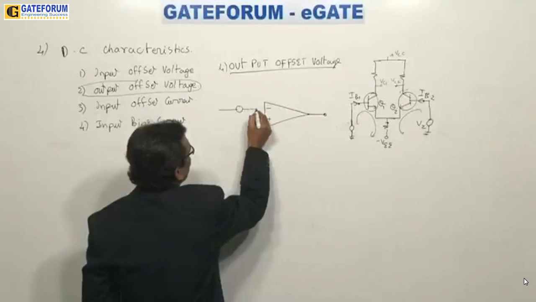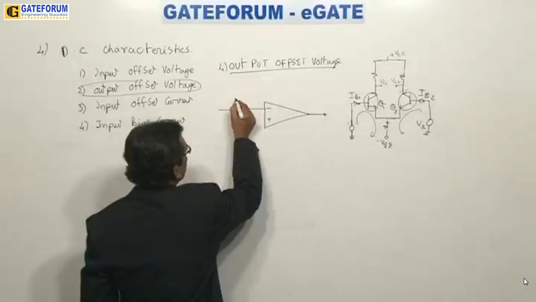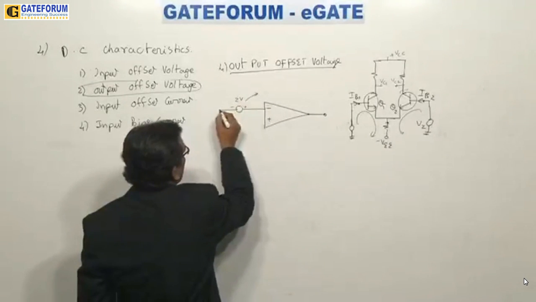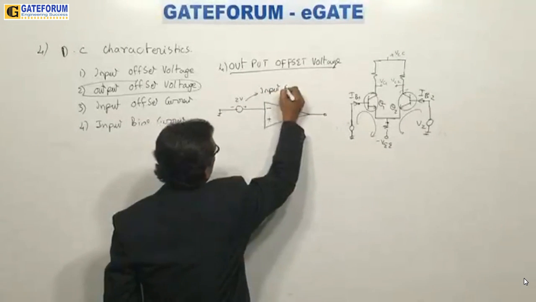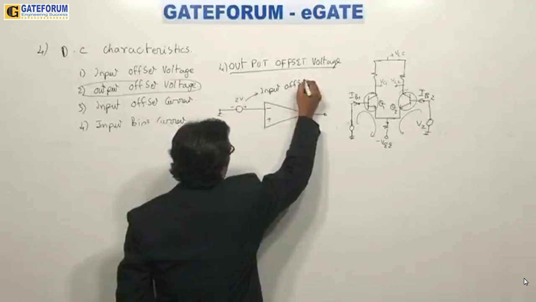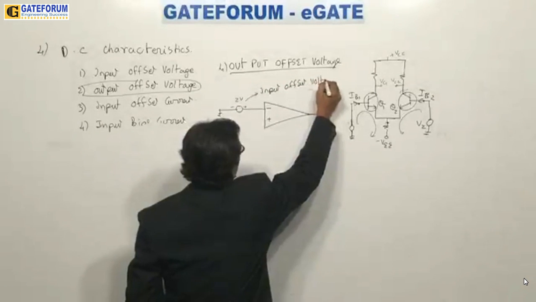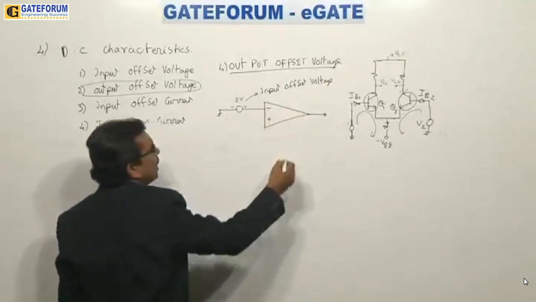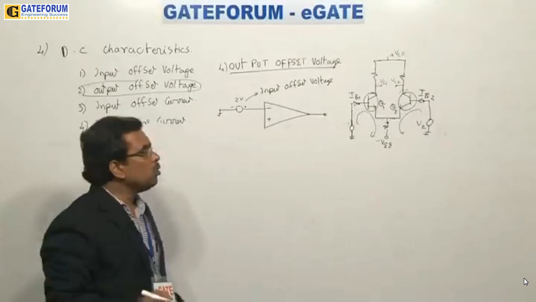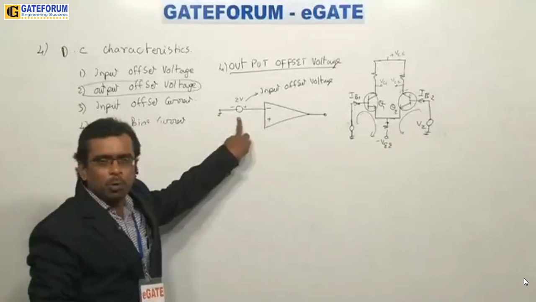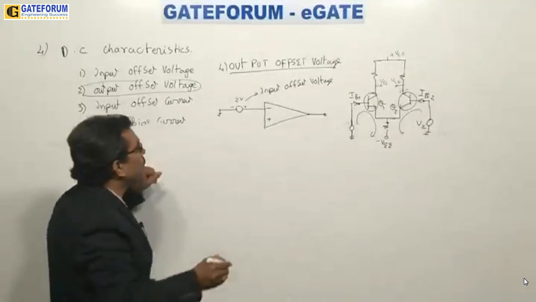Say you have connected one source like this, 2 volts, and grounded it, and because you got an error, you have connected one input offset; we call this the input offset voltage. To overcome the input offset voltage and make the output voltage 0, you have connected one voltage source at the input.